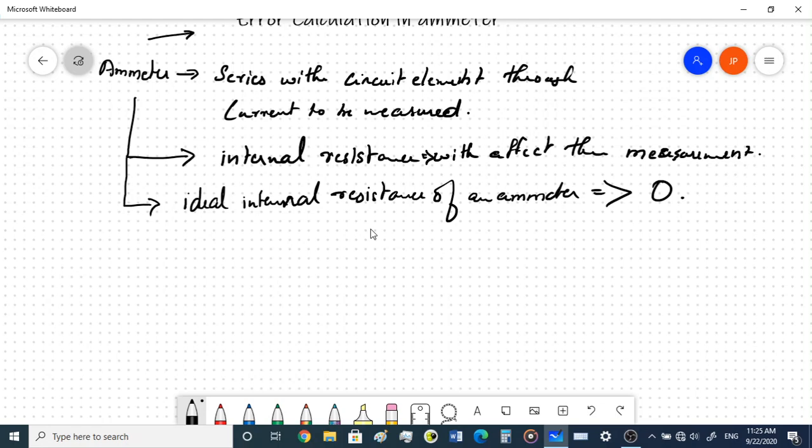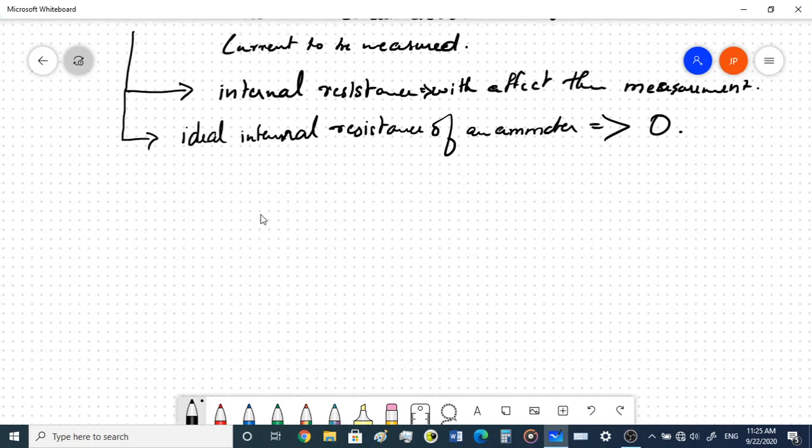But in the practical case, this is not actually possible. Practically, the coil is definitely going to have a particular resistance which contributes to the internal resistance of the ammeter.